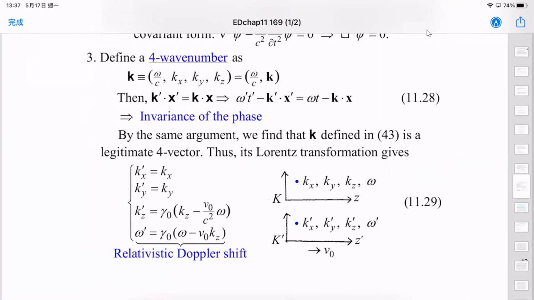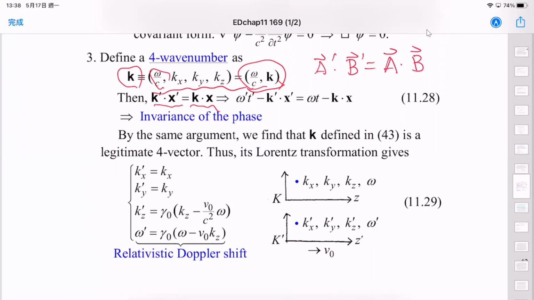In this case, K is omega over c, the four-wavenumber. So what happened here? Then K dot x, that's four-position. K prime dot x prime, just like A prime dot B prime equals A dot B. Four-vector.